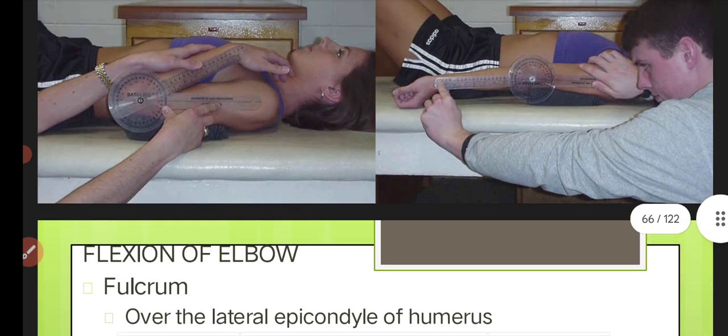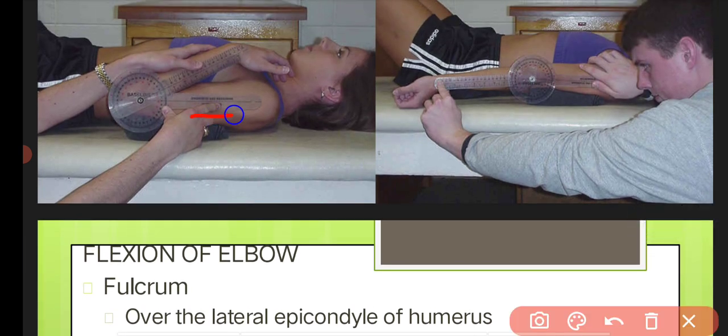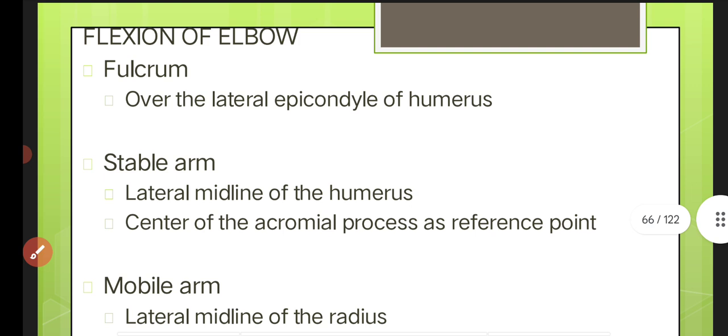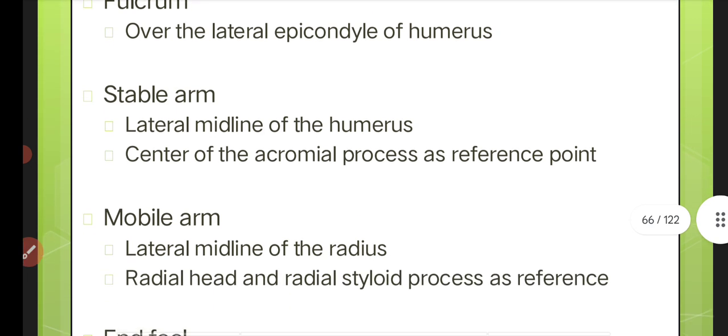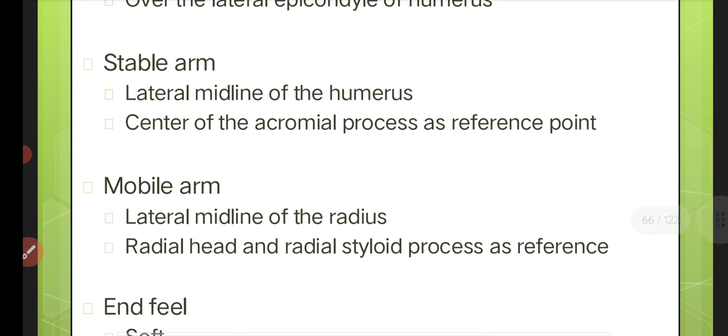The movable arm is also placed initially at the lateral midline of the humerus and ends up at the radial head, the starting position and the ending position.